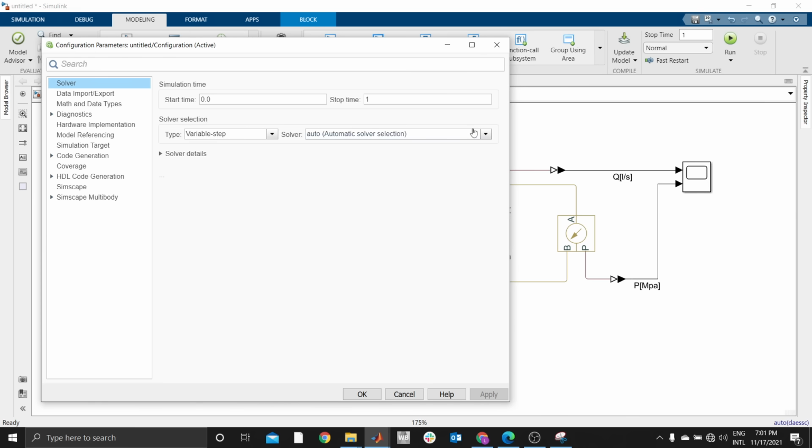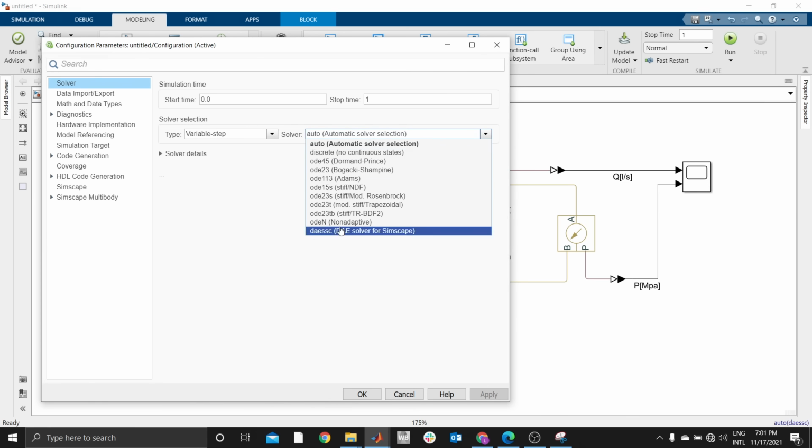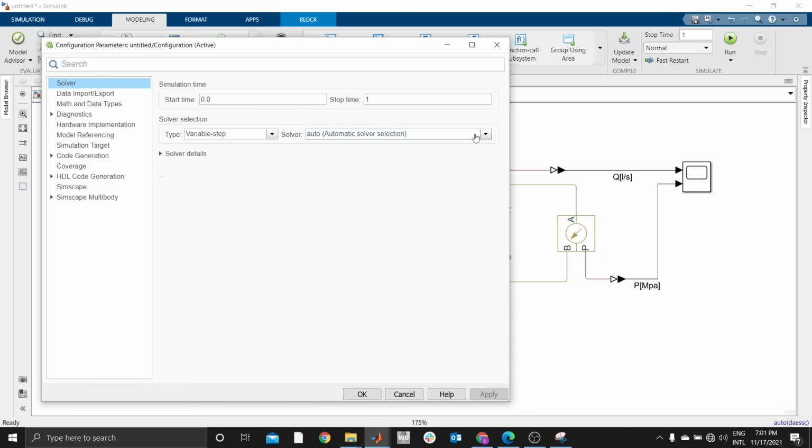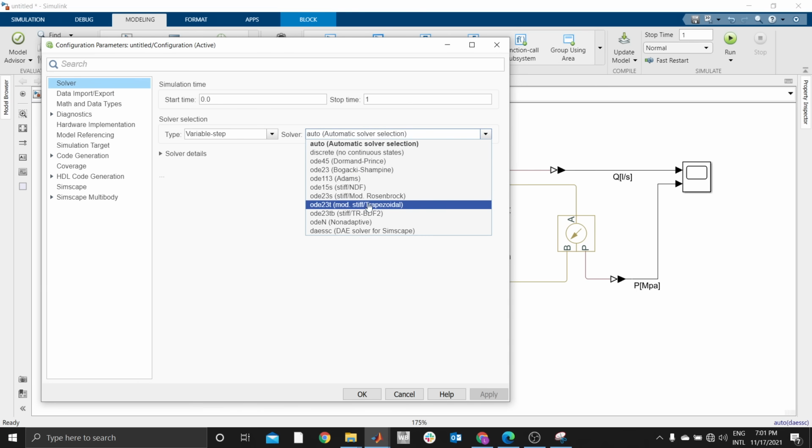In the near future videos, I'm going to illustrate where and why we use a certain solver, but for now we'll be using OD23T, and sometimes we'll be using OD15S most of the time. Okay, and sometimes OD23S, but not as often as OD23T.